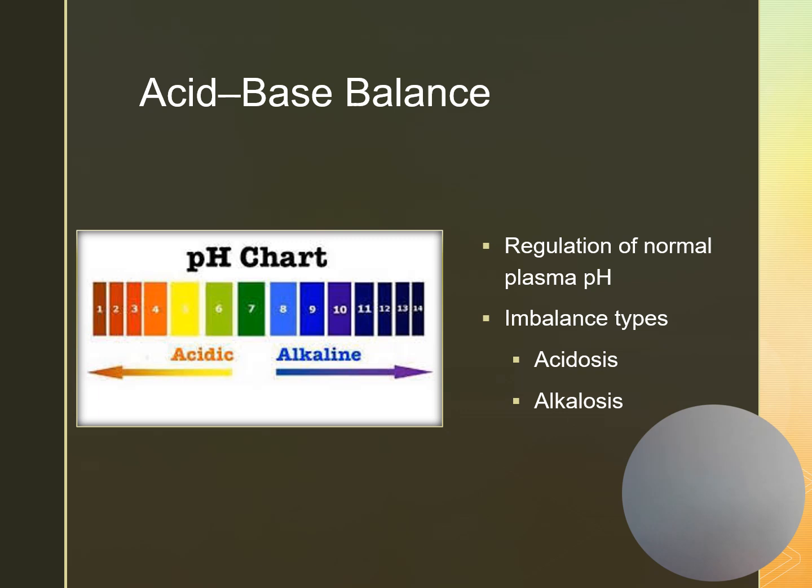The different types of imbalance that we may see would be acidosis, which is an excessive accumulation of acids or excessive loss of bicarbonate in body fluids, or alkalosis, which is excessive accumulation of bases or loss of acid in the body fluids.